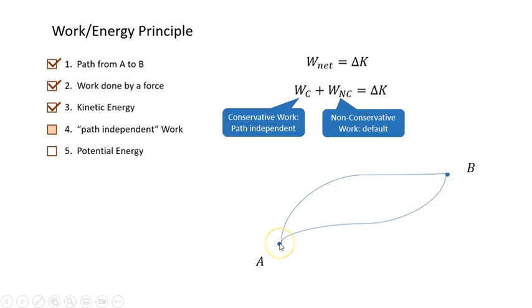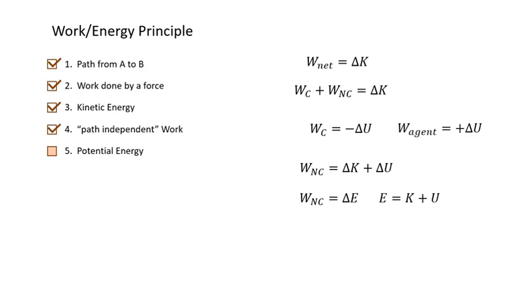All you really needed to know was point A and point B, and you didn't really need to know the path. Now, the two cases we'll look at involve gravity and springs, which are conservative. And it's that path-independent work case, which is only for us, gravity and springs at this point, that the work is path-independent.